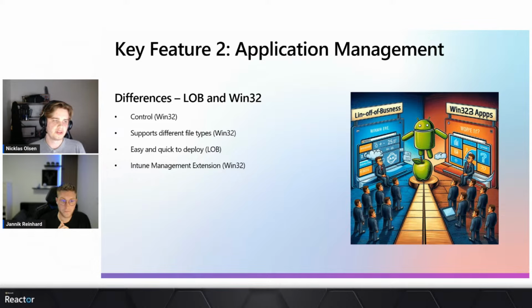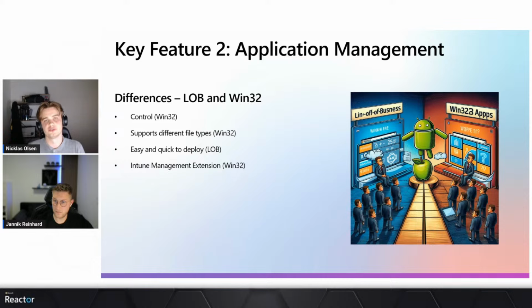But with the Win32 app, you get a lot more control. So let's say that you would like to deploy a 32-bit Google Chrome installation. I know there's not a lot of 32-bit out there yet, or still, but that's also a possibility. So you can make that 32-bit installation only available to your 32-bit devices as well.